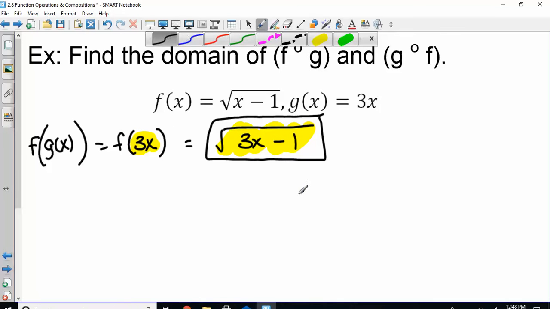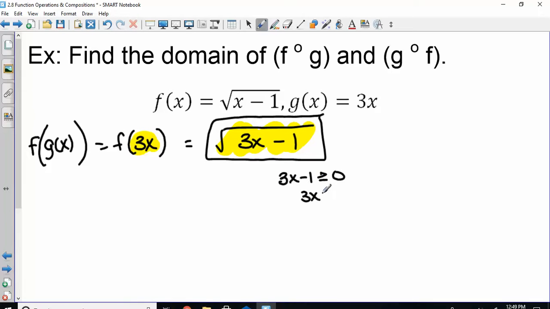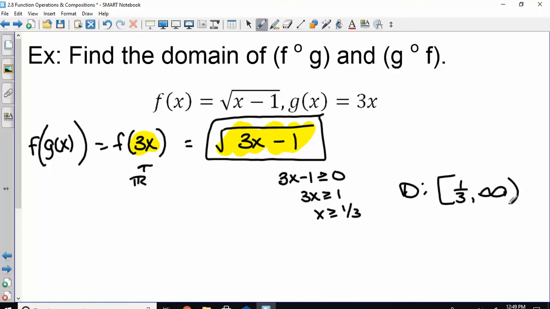What do you know about something under a square root? It has to be positive, greater than or equal to 0. So 3x greater than or equal to 1. So x is greater than or equal to 1/3. So this one could have been anything. It's like saying all real numbers. And this one had to be greater than or equal to 1/3. So when you put those together, you're greater than or equal to 1/3.